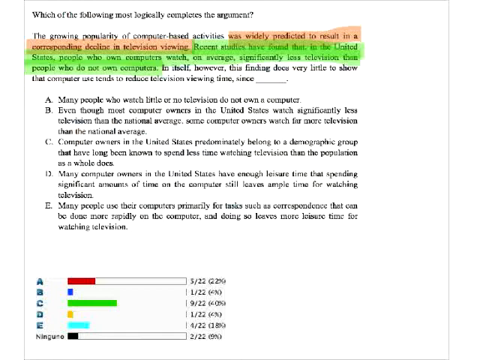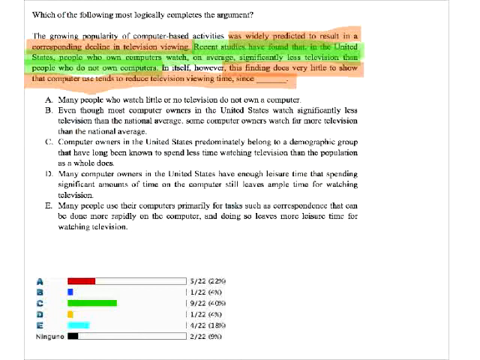So this is another cause and effect situation. So this finding does very little to show that computer use tends to reduce television viewing time. So let's take this to the next page.